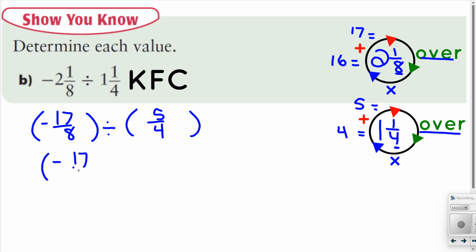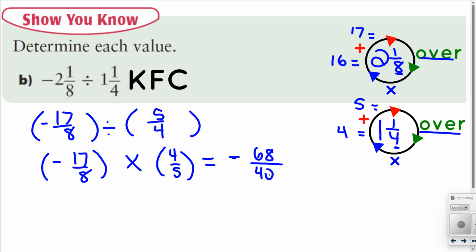Keep the first fraction the same, flip the second fraction, change division to multiplication. Okay, so I have a negative and a positive. The signs don't match, so my answer is negative. Now I'll do 17 times 4, which is 68, all over 8 times 5 is 40.